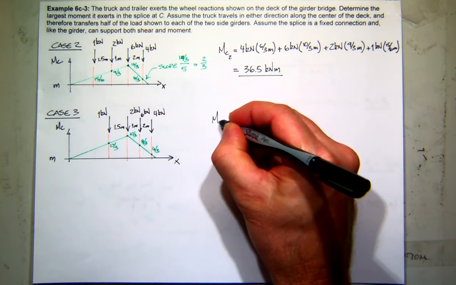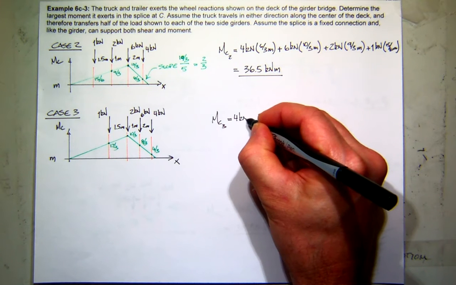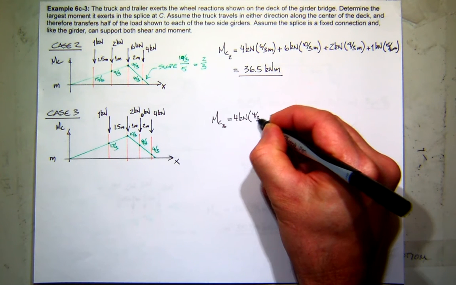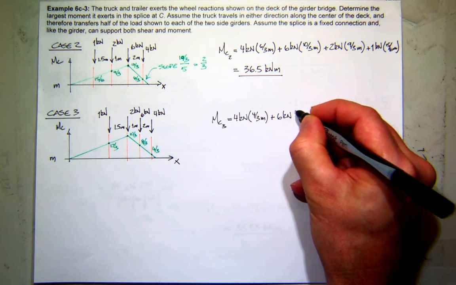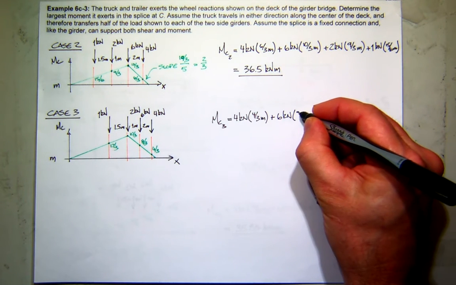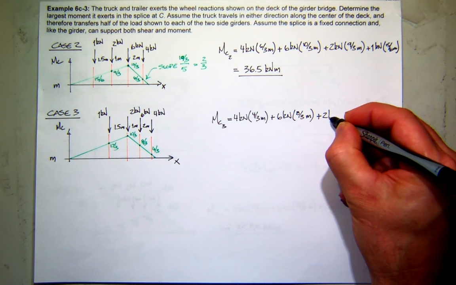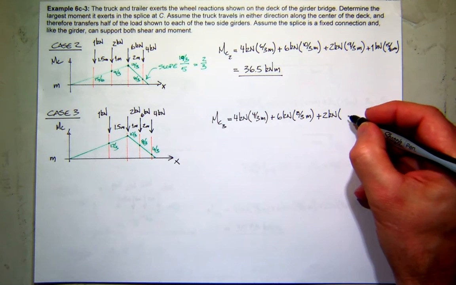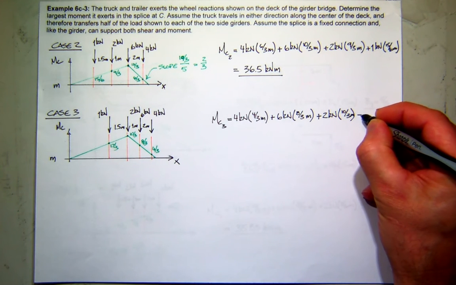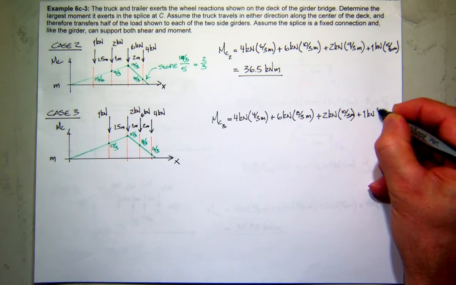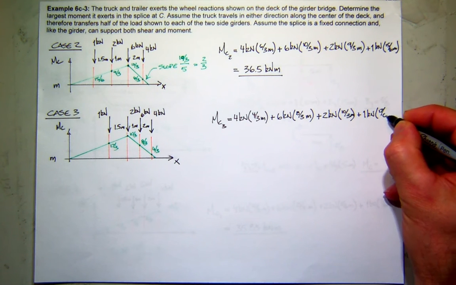So now the moment at C for case 3 would be 4 kilonewtons times 4 thirds meters plus 6 kilonewtons times 8 thirds meters, plus 2 kilonewtons times 10 thirds meters, plus 1 kilonewton times 17/6.